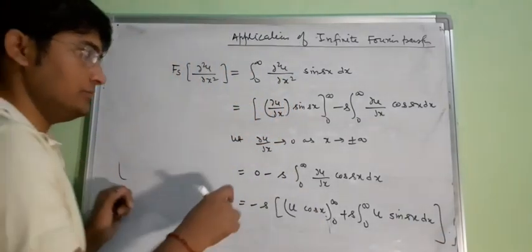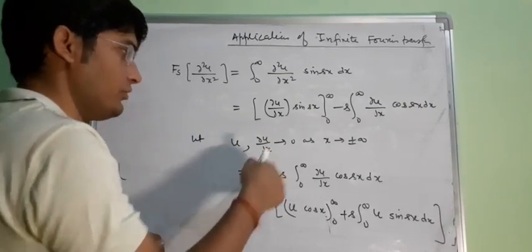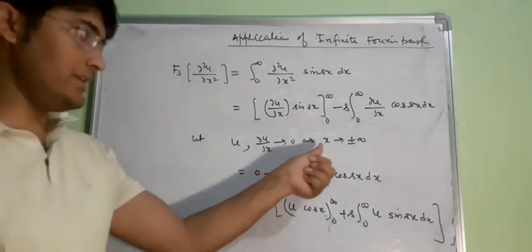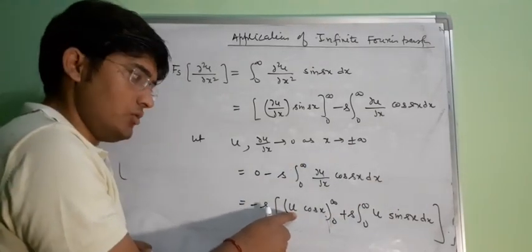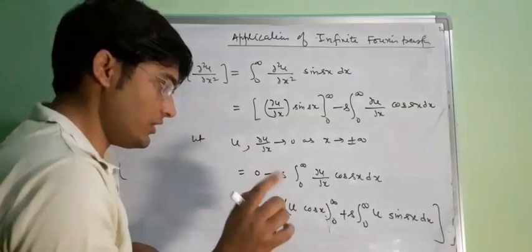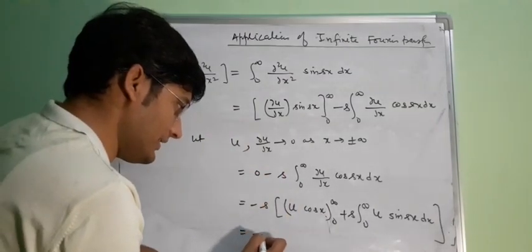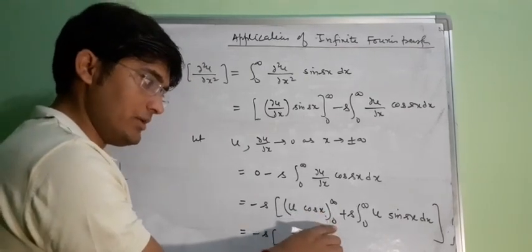Now again taking the condition that u and ∂u/∂x tend to 0 as x tends to plus minus infinity, the upper limit will become 0, and the lower limit will be cos 0, and cos 0 is 1.